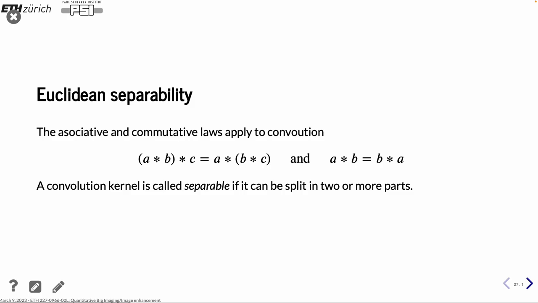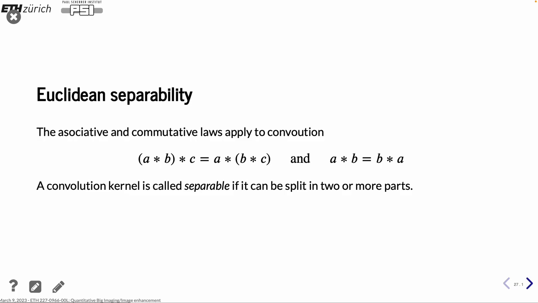One interesting thing, a mathematical detail about convolution, is that sometimes you can combine filters, and the associative and commutative laws apply to the convolution. So image A convolved by B and then by C is the same as A convolved by the convolution of B and C. We can also flip the order, and this is very helpful because you can reduce the computational effort needed.